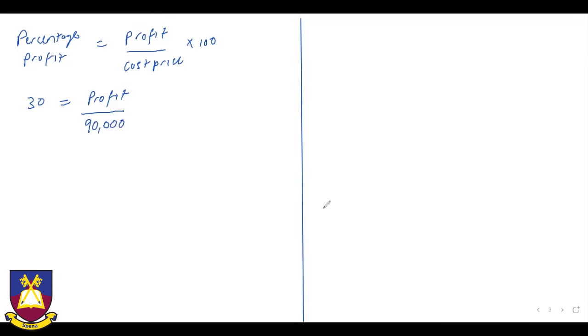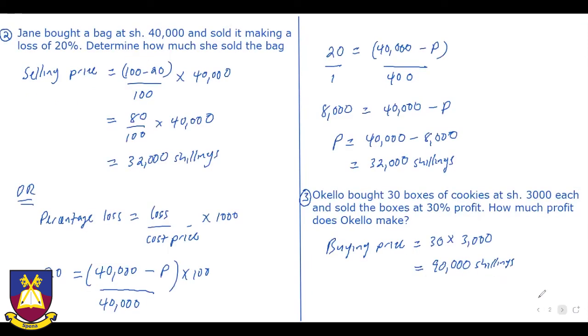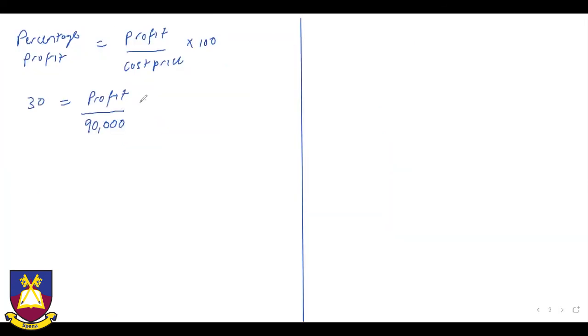We got 90,000 from here, then times 100. So these two zeros cancel. We remain with 30 is equal to the profit out of 900.